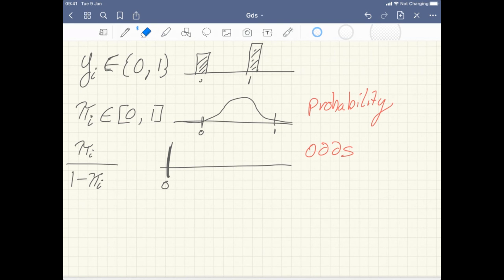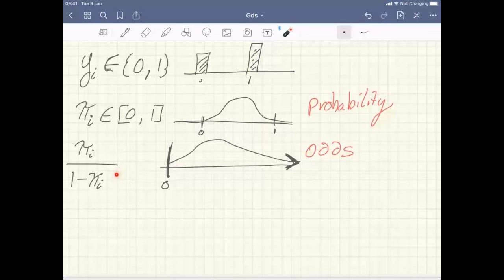But it can go all the way out to infinity as a distribution. That's because as pi i gets close to 1, the denominator gets close to 0. So you get an increasingly large fraction between the two.